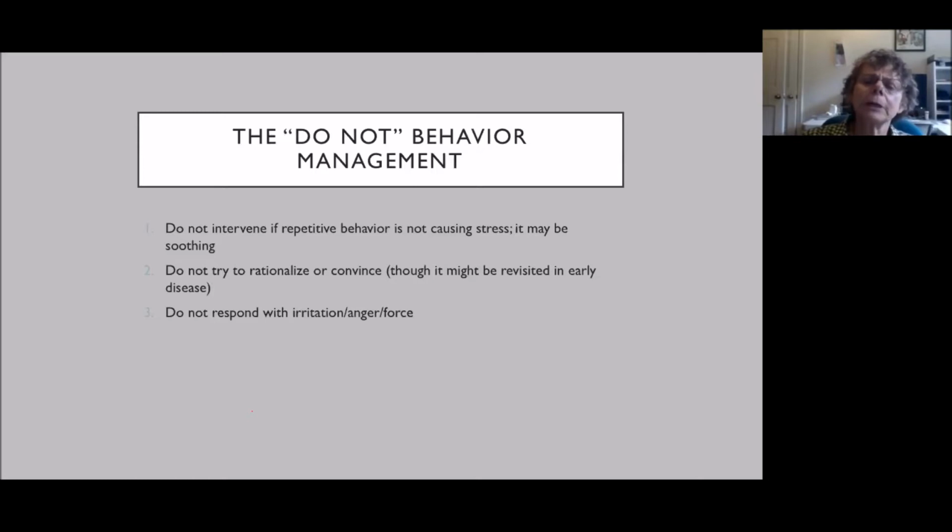In very early disease with obsessive compulsive behaviors, I think that the symptom can be revisited and the individual with Huntington's can behaviorally manage some of this themselves. If they are aware that it takes them longer to cool down and it's harder for them to cool down, then they will ask them to leave the situation.